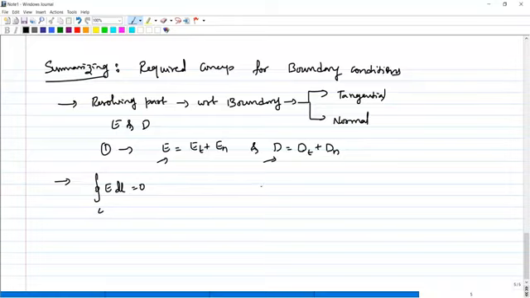And for the second one, Q enclosed is equal to the closed surface integral of D dot ds. These are the prerequisite concepts to obtain the boundary conditions for dielectric, conductor, as well as free space.